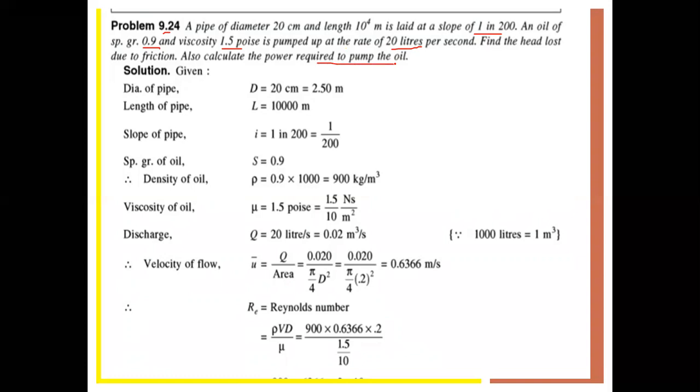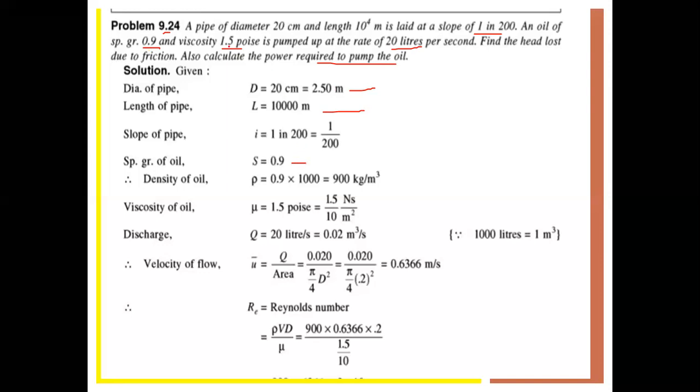So what is the type of flow? You have to think. The given diameter D is equal to 20 centimeters. The length is 10,000 meters. The slope is 1 in 200, which means slope 1 by 200. The specific gravity of the oil is 0.9.